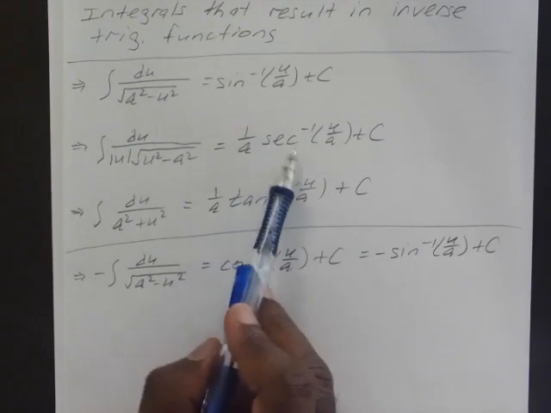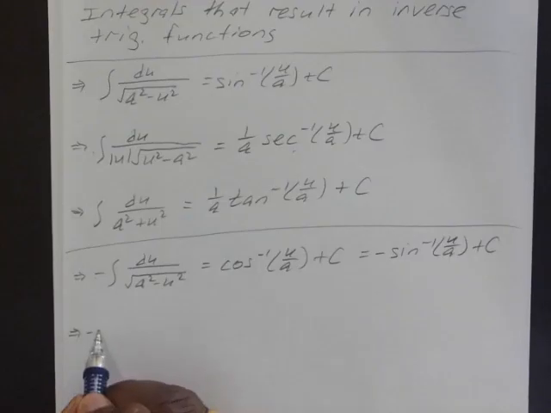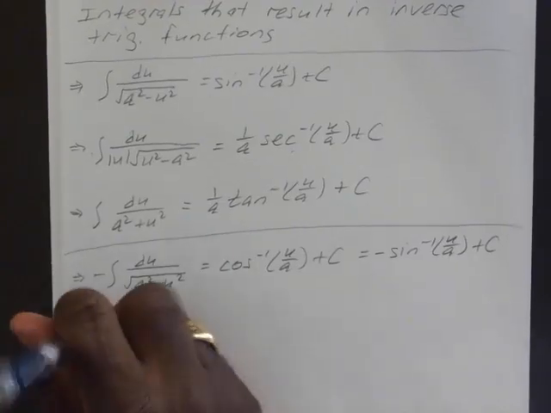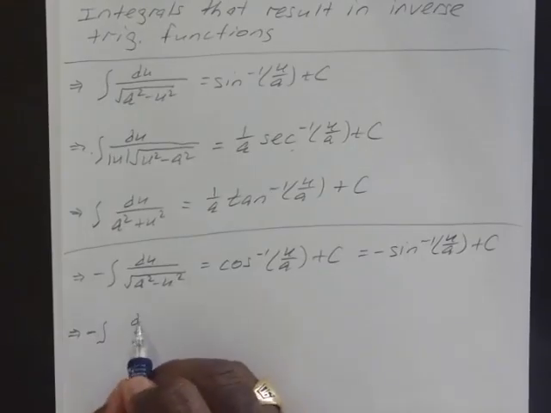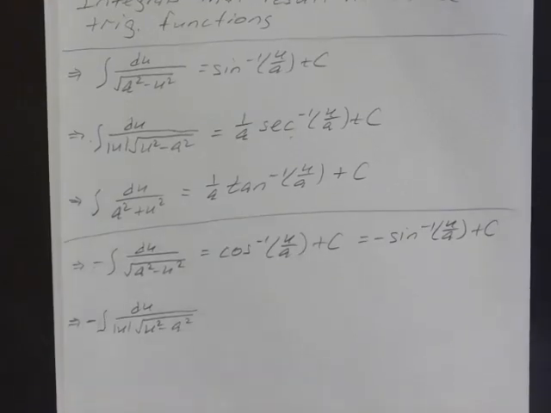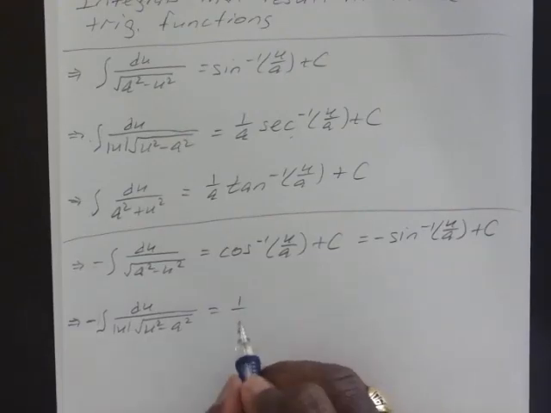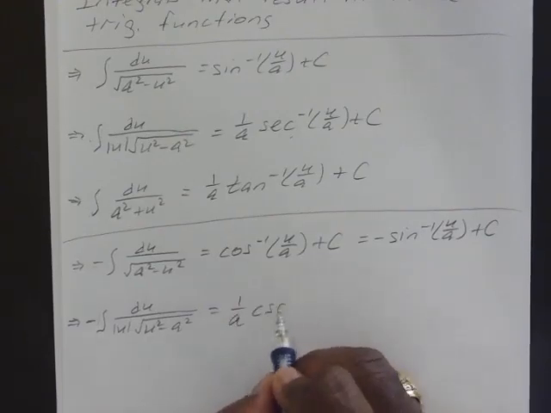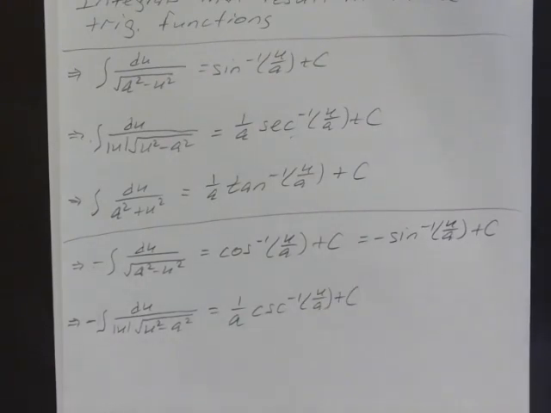Okay, so if we take this one that results in secant inverse and we put a -1 next to it, so we don't even need the -1, just the negative will work. So the negative of du over the absolute value of u times the square root of u squared minus a squared, that's going to equal 1 over a times cosecant inverse of u over a plus c.